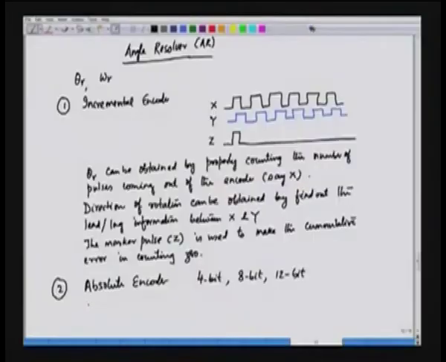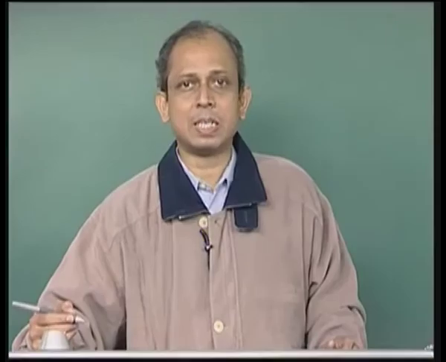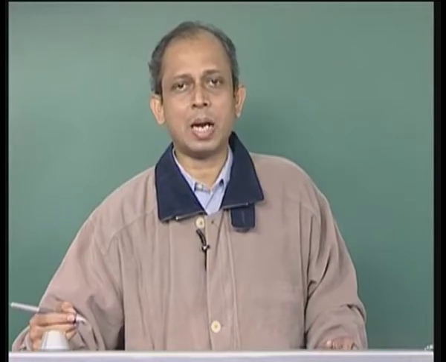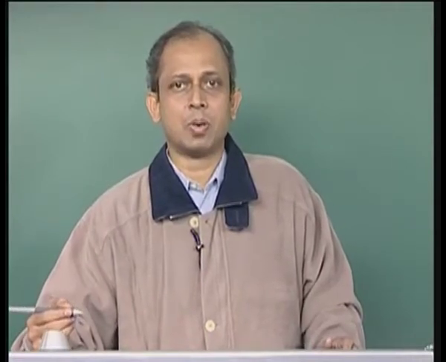So, in this case the combination of bits gives the information about theta r, and once we find out theta r, we can differentiate this information at what rate theta r is changing, and d theta r by dt will give us omega r.